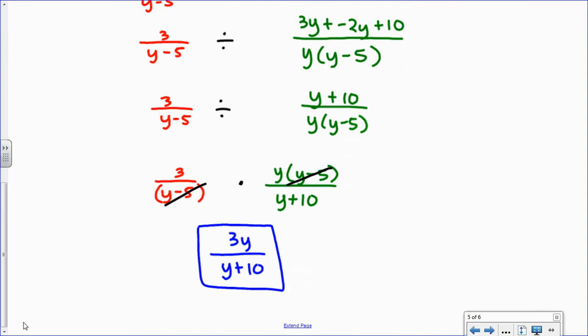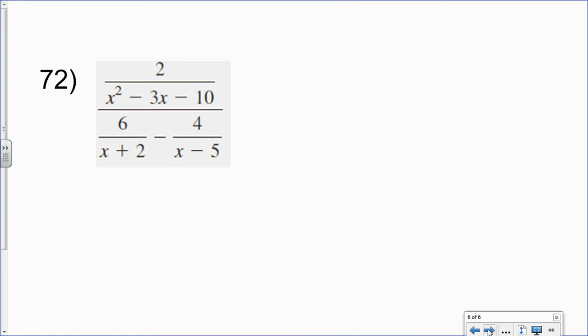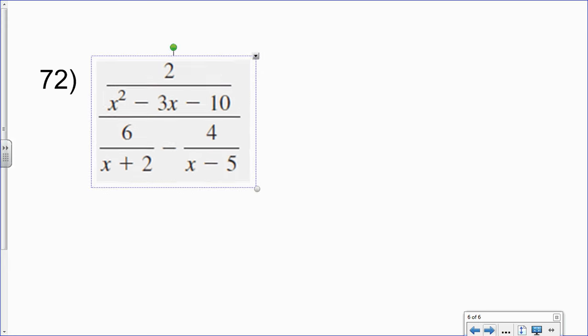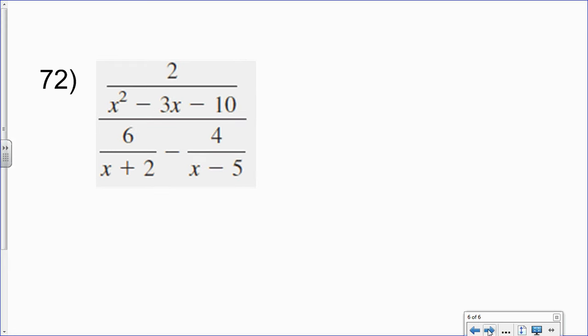Any other questions? All right, we're going to do one more and we'll use method 2. I want to use method 2, so I want to be finding common denominators of every little denominator. So I notice that I have a trinomial here. I want to factor so I know what this is as factors.